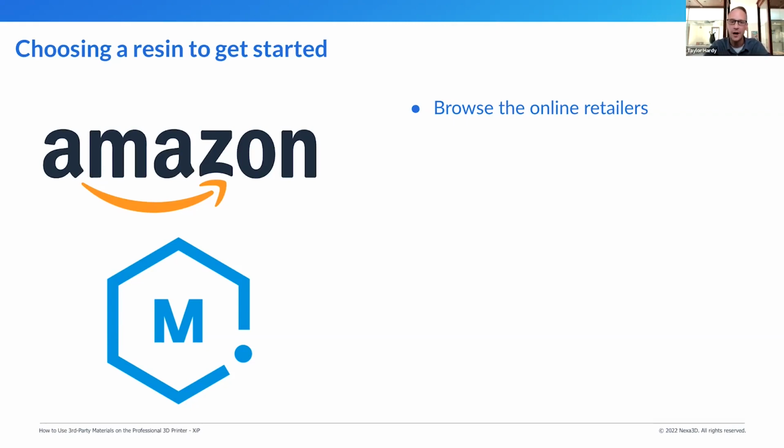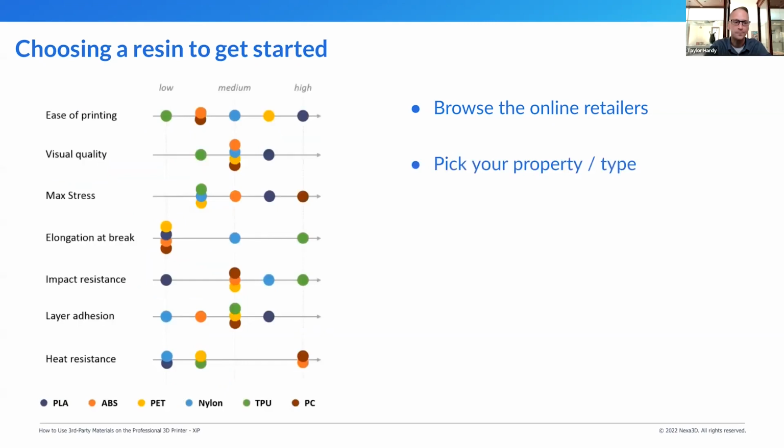It kind of helps narrow down how to choose the resin properly. You're going to have to pick some type of property, whether it's ABS or I've even seen some nylon type resins available on the open market.